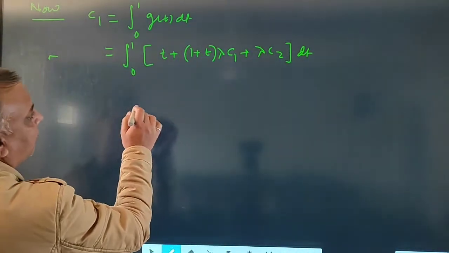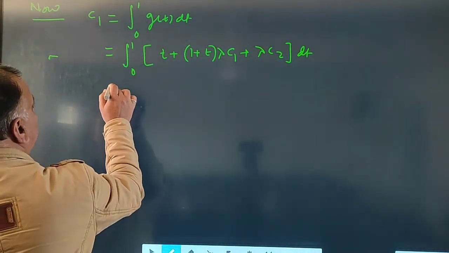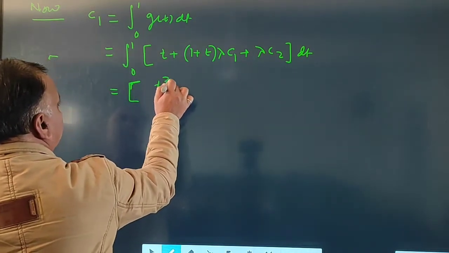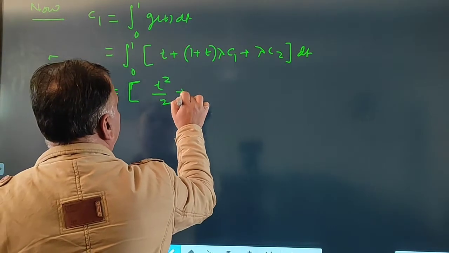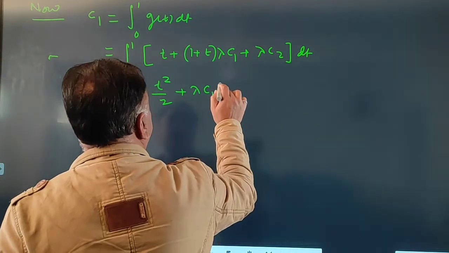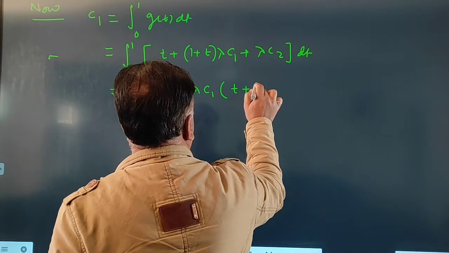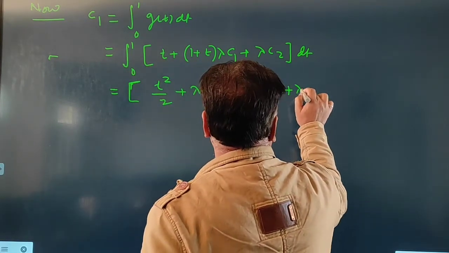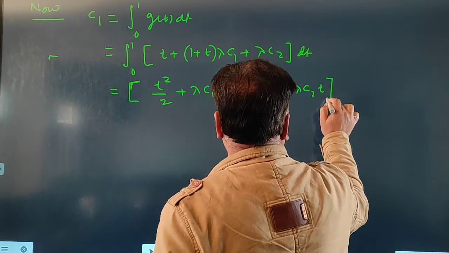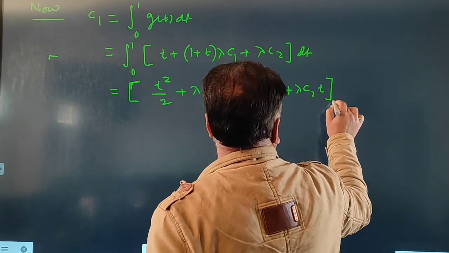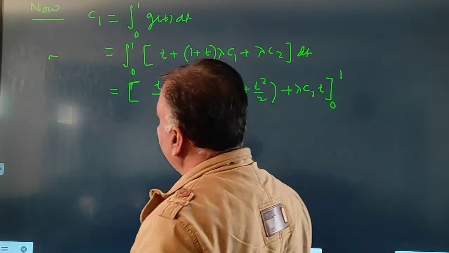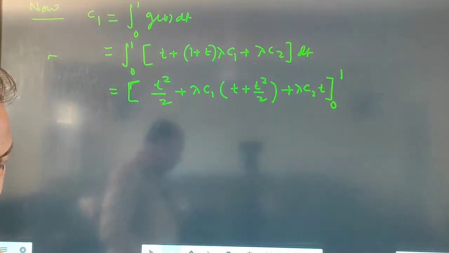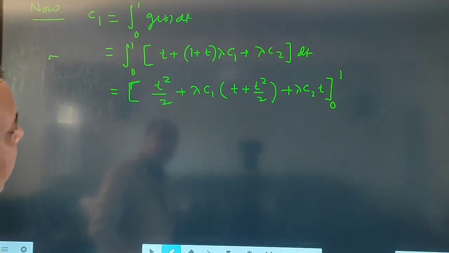Now if we integrate this with respect to t, we get t squared by 2 + lambda c1 (t + t squared by 2) + lambda c2 t, with limits from 0 to 1. So if we put in the limits of t, we get the values of c1 and c2.